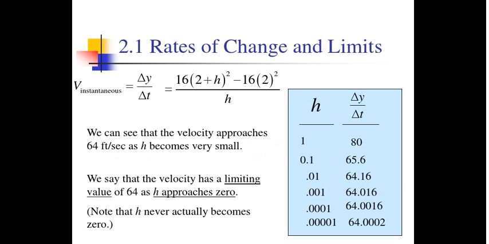So basically h is delta t, and when h equals 1, you get 80, and 0.1 gives 65, you put in 0.0001 for h, you will get 64 point something. That's exactly what I had earlier.